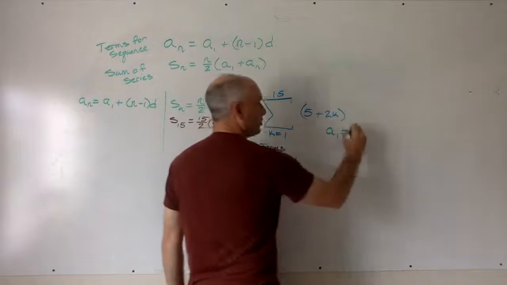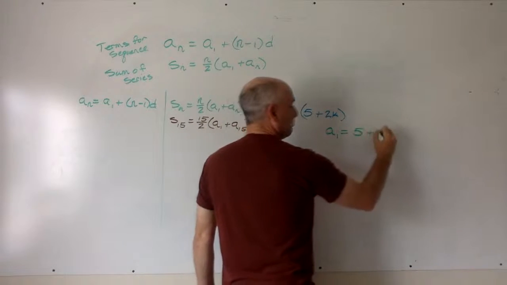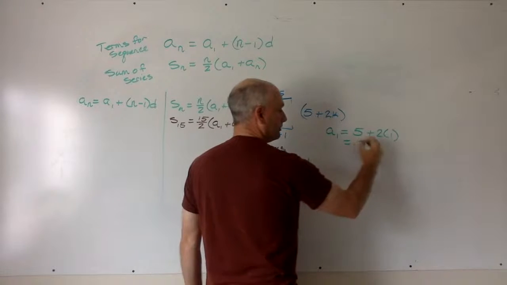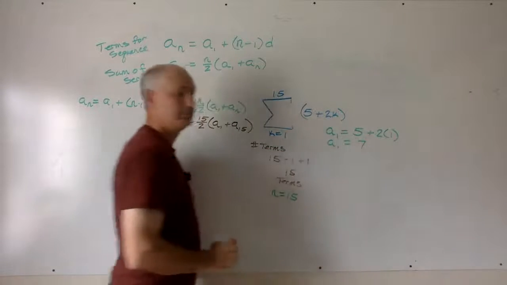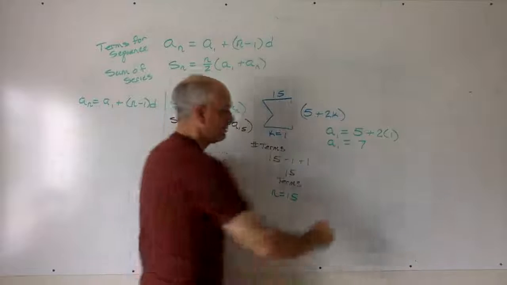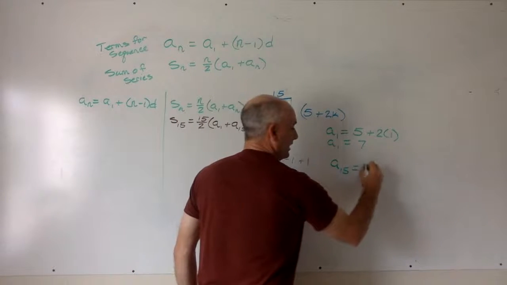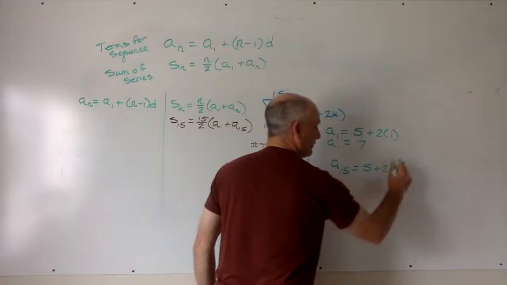A sub 1 is going to be equal to 5 plus 2 times 1. 5 plus 2 is 7. Now let's go a sub 15. A sub 15 is going to be 5 plus 2 times 15.